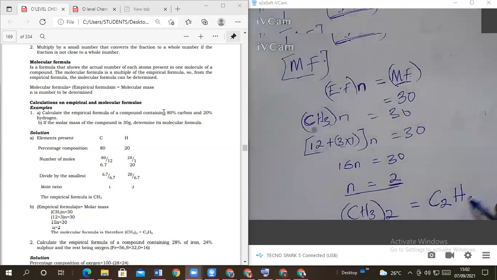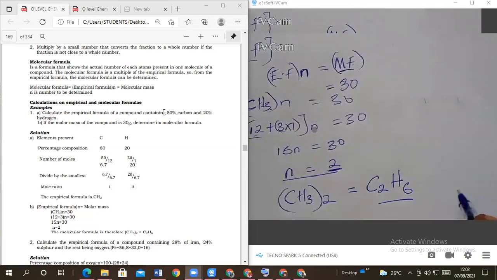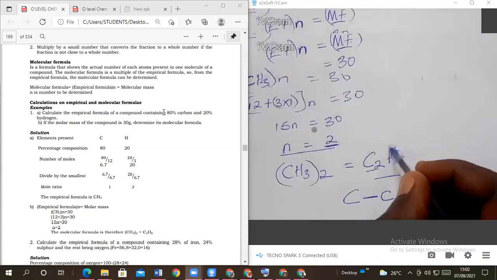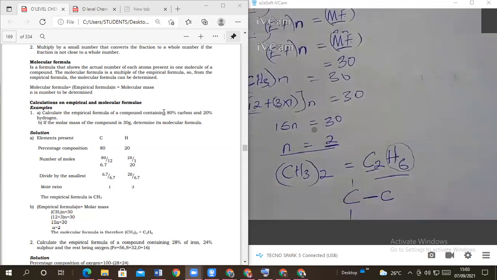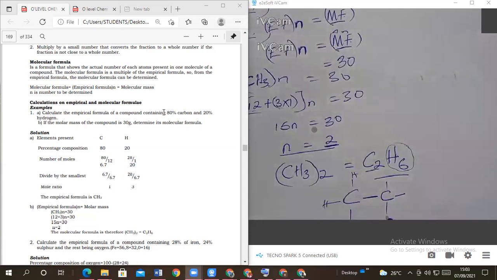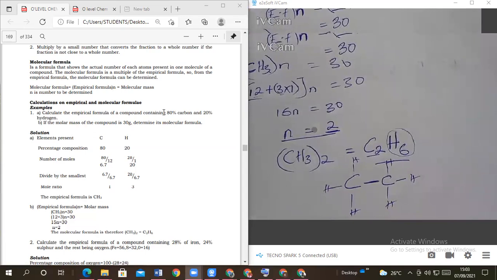Now this one is going to satisfy the condition that carbon has 4 atoms joined to it. There are 2 carbons, so we shall say 1 carbon and then another carbon. They are joined together. 6 hydrogens: this is 1, 2, 3, 4, 5, 6.